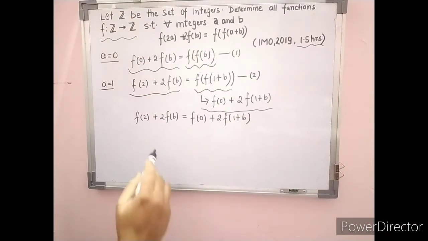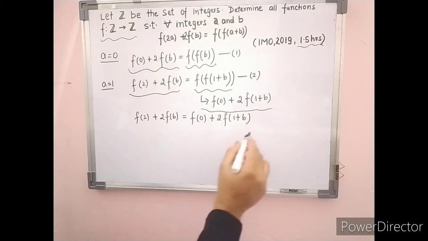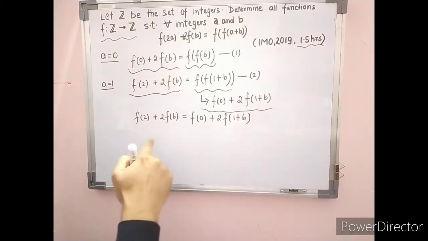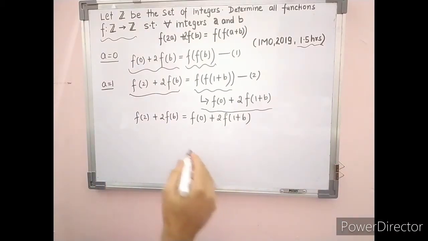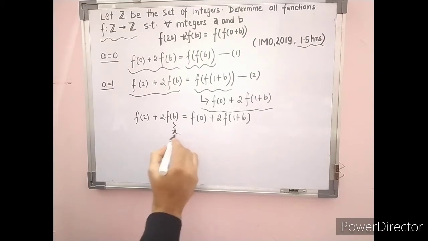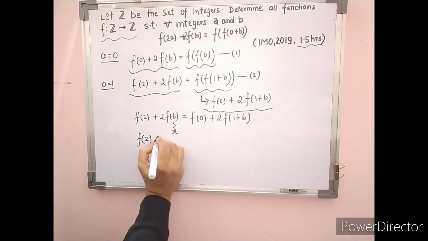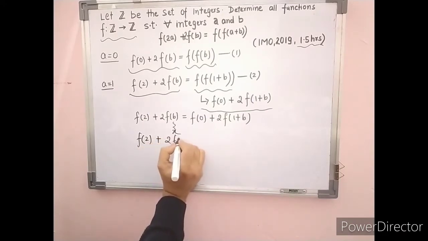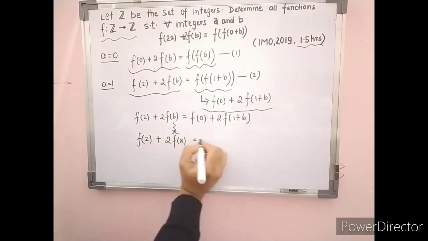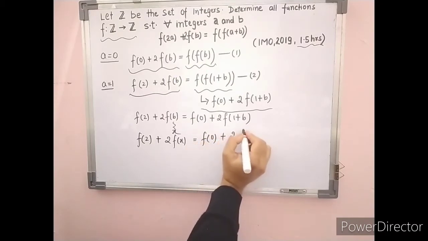Now see, this particular functional equation is valid for every integral value of b. So we can generalize it and put x in place of b. So what we will get is f(2) + 2f(x) = f(0) + 2f(1 + x).